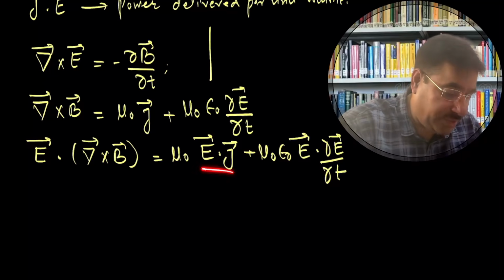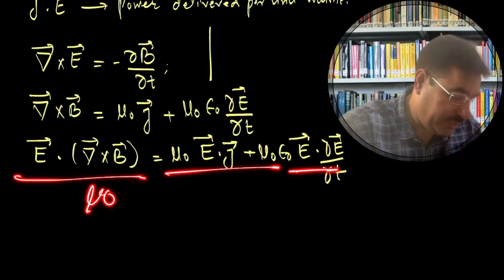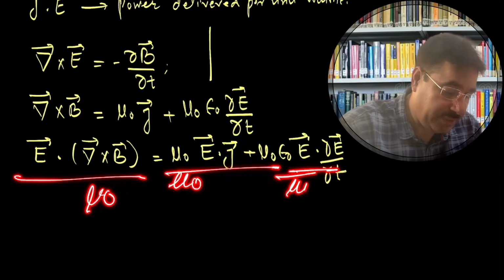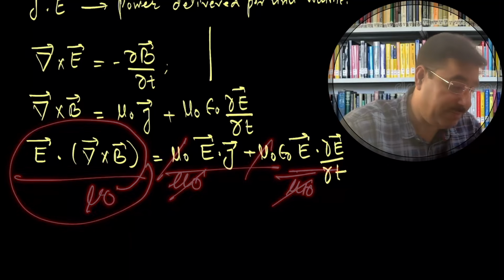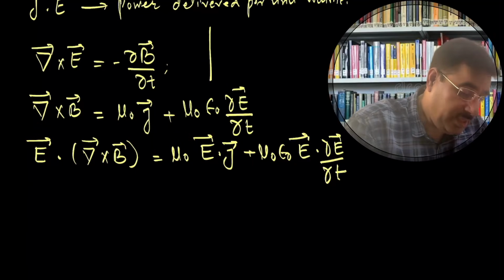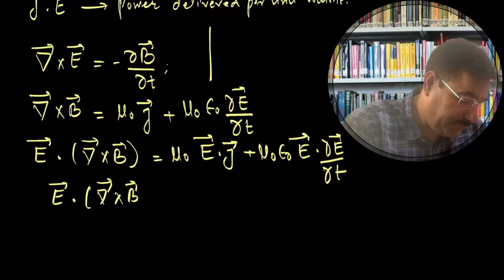Now I want E dot J. So I will divide with mu naught. Mu naught here, mu naught here, mu naught here. This mu naught will go, this mu naught will go, and a mu naught will remain here. So once you divide with mu naught, you have E dot del cross B divided by mu naught.